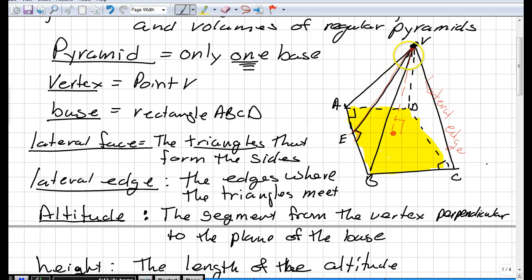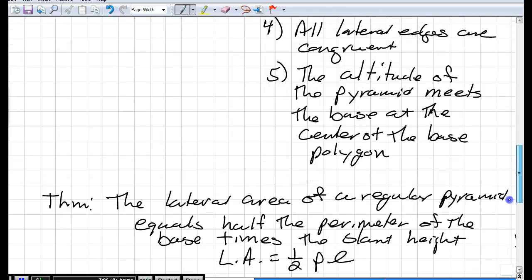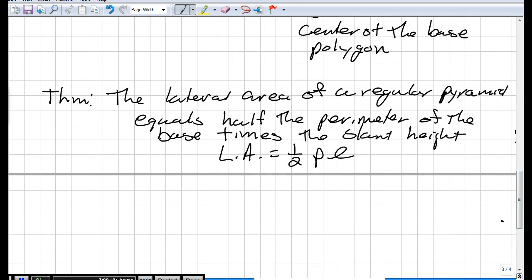The 1/2 comes from the fact that we want to find the area of each one of those triangles, and the area of a triangle is 1/2 base times the height. The perimeter represents the base, but it's the bases of all the triangles that form the sides. And the height is the height of each triangle, or the slant height. So it's really just putting those all together.